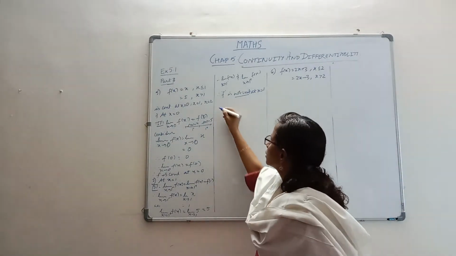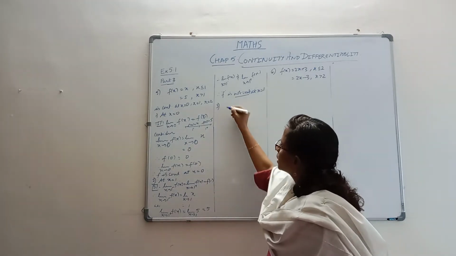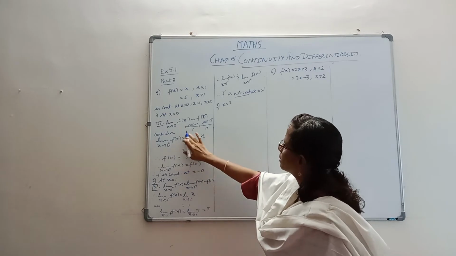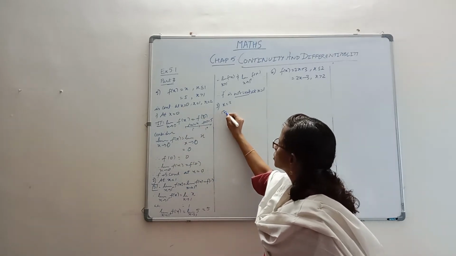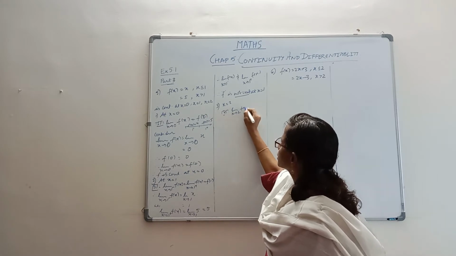Then we'll take the third subpart. In the third subpart, it is at x equal to 2, which is exclusively in this part. So again, it's enough if you take the normal definition to show that limit as x tends to 2 f of x is f of 2.